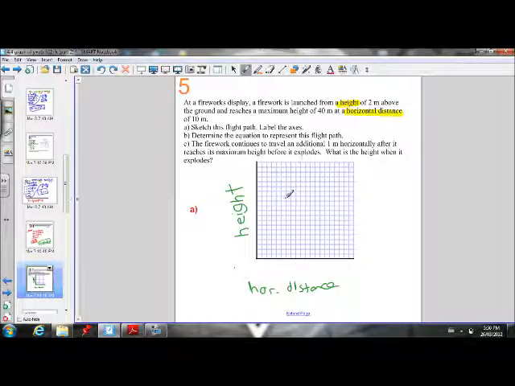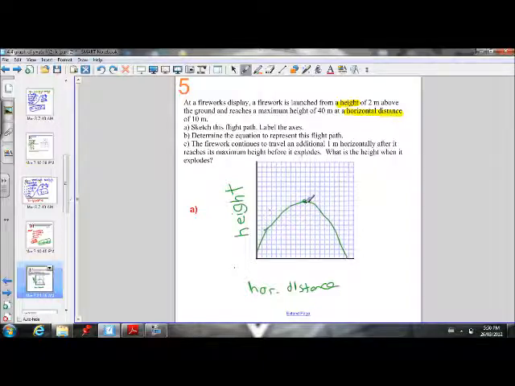Okay, so let's just make a very rough sketch of this parabola so we can see what's happening. It's fired from about 2 meters above the ground. It continues up. It reaches a maximum height of 40 at 10 meters, and then it starts coming down.